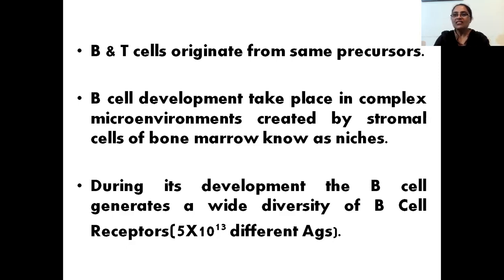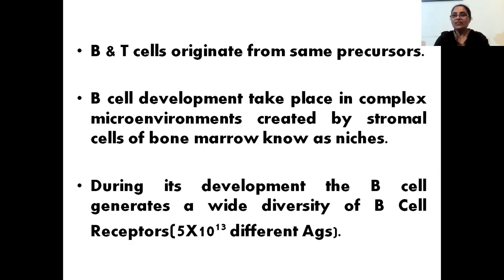So here the B cells are developed in bone marrow, while T cells are developed, educated in the thymus in the case of human beings. So B cell precursors and T cell precursors, which are hemopoietic cells, are the same, but their development happens in different places. So B cells are developed in bone marrow, and that is why they are called B cells in human beings.